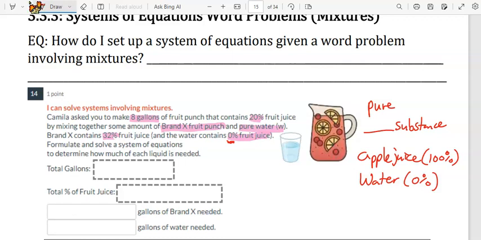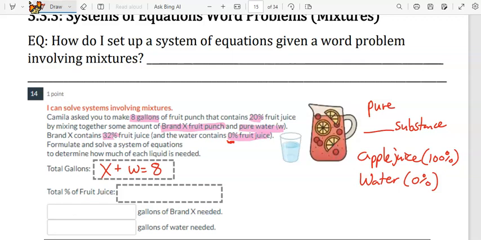So we're going to set up two equations because there are two different things being mixed together. For the total gallons, X plus W equals the total gallons, which is 8 gallons. The second equation is going to be the total percentage of fruit juice.